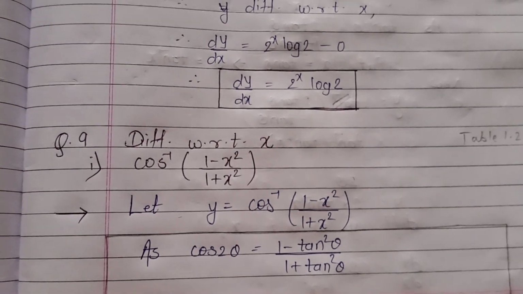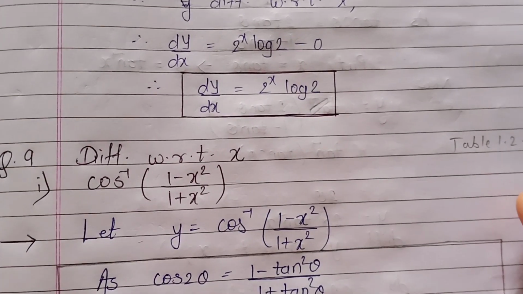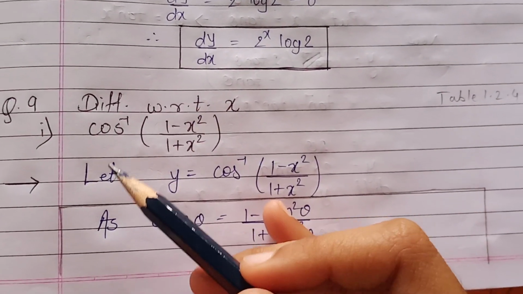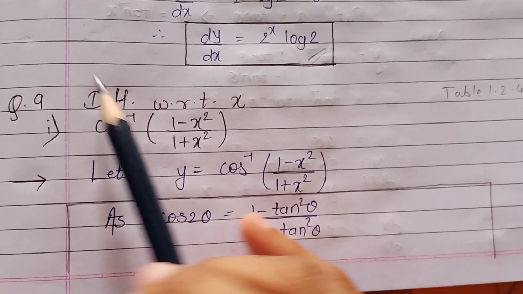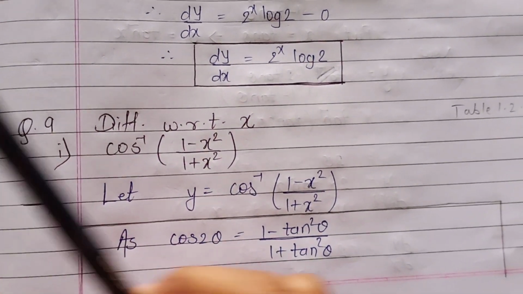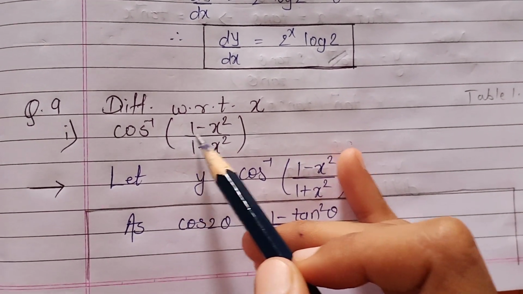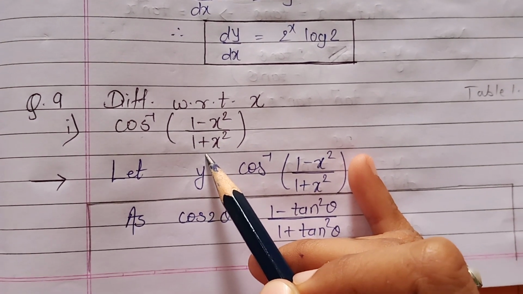Now we'll start question number 9. It is also differentiate the following with respect to x. This is something different. So we'll see the first question, cos inverse of (1 minus x square upon 1 plus x square).